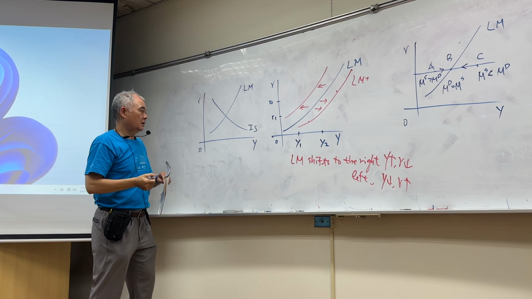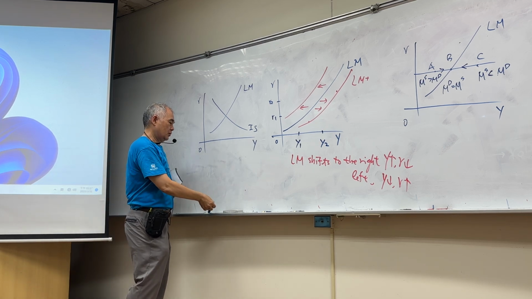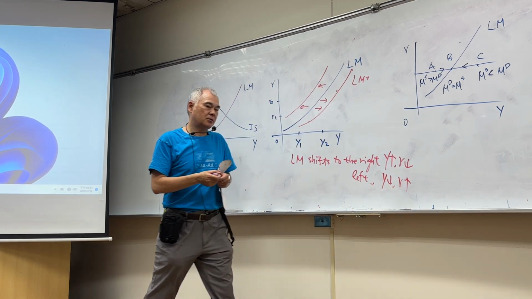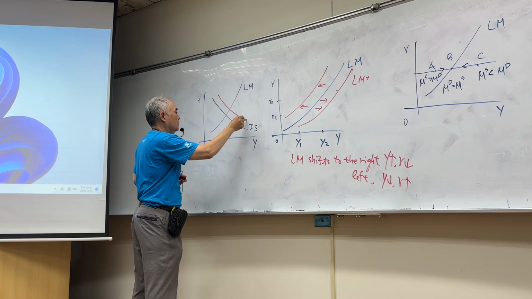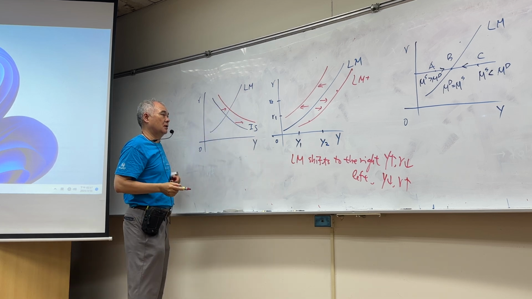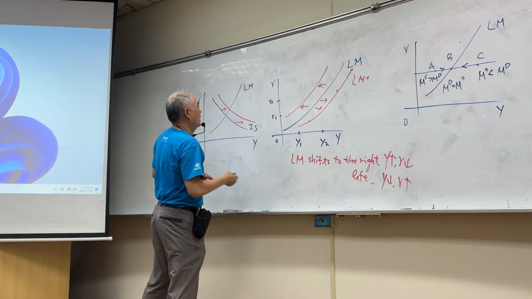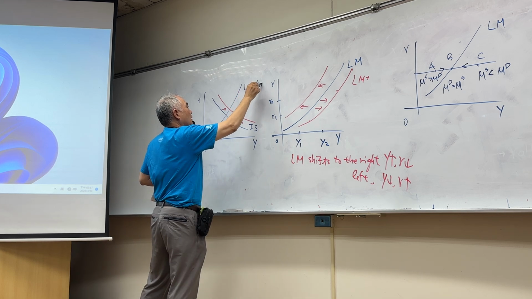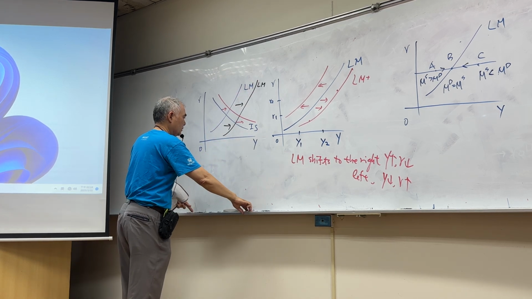If you have expansionary fiscal policy, the IS curve shifts to the right, and also you have expansionary monetary policy, so LM also shifts to the right. So then what happened?